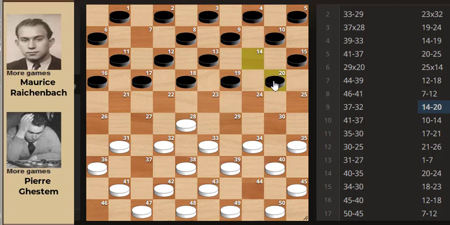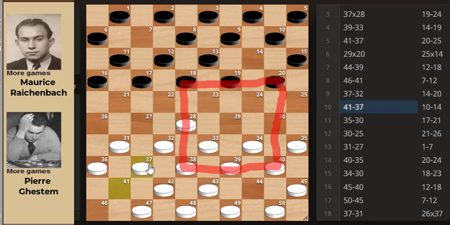How will you reply to this move? Let's draw the square. So we can play 41-37.